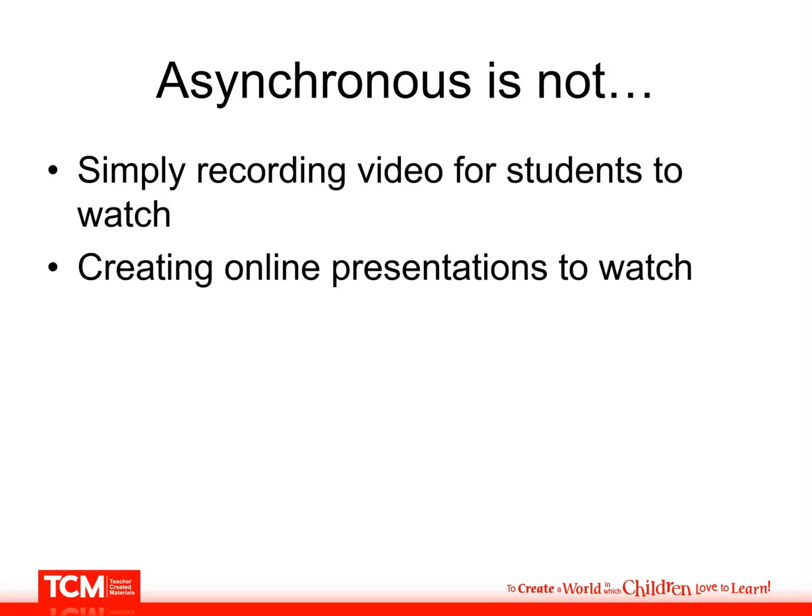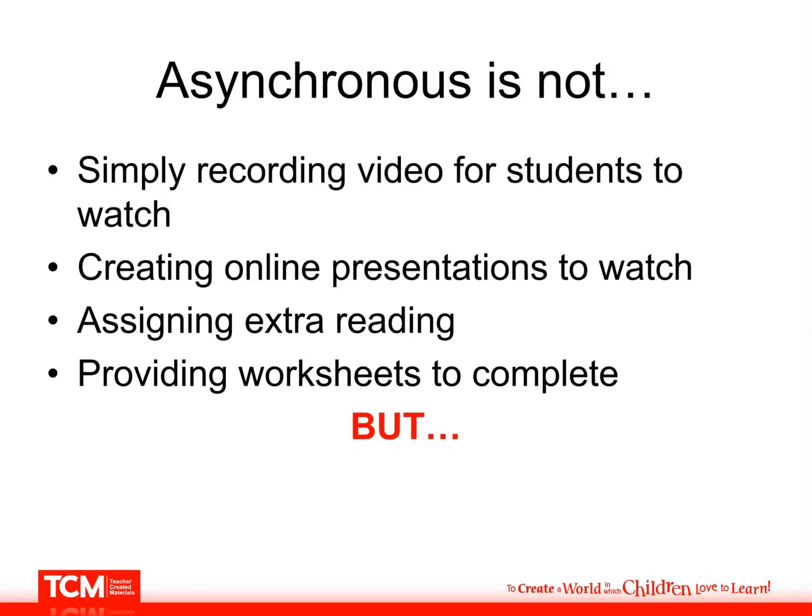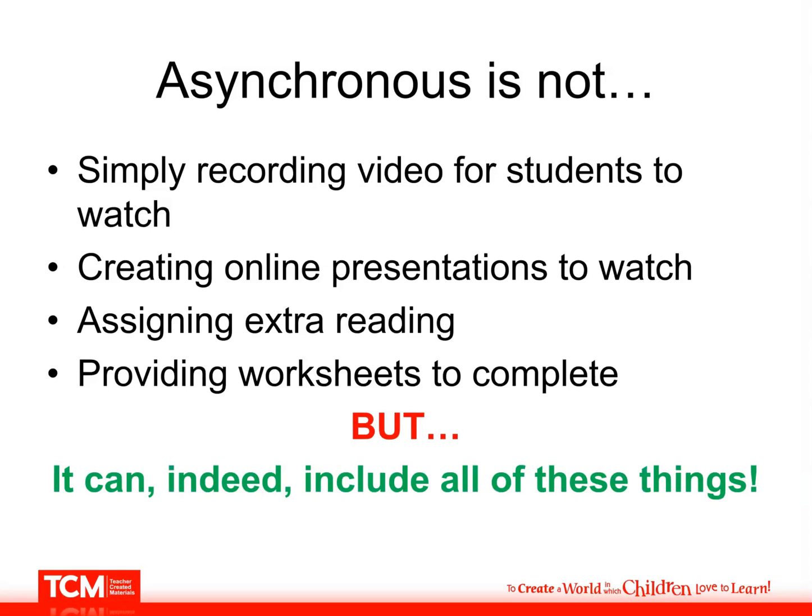Asynchronous learning is not assigning extra reading. Asynchronous lessons are not providing worksheets to complete. But asynchronous lessons can and indeed include all of these things.